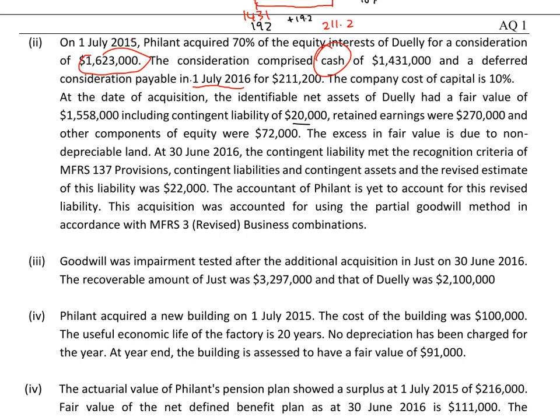So consideration transferred, we have cash and deferred consideration. How much is the cash? 1431. And the 211.2 divided by 1.1 is 192. The moment you do this, just remember to unwind and then adjust your interest.